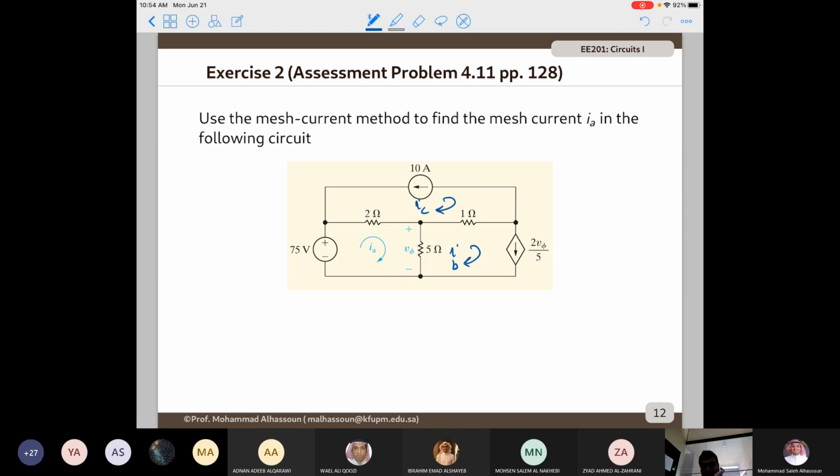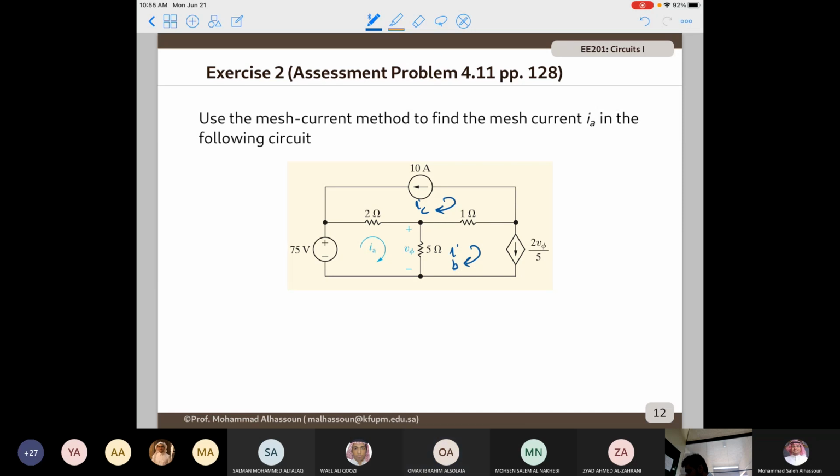Okay, Salman? I think IC equals minus 10. Okay, yes, IC equals minus 10. Okay, what else, Omar? And IB is equal to 2 V node over 5.